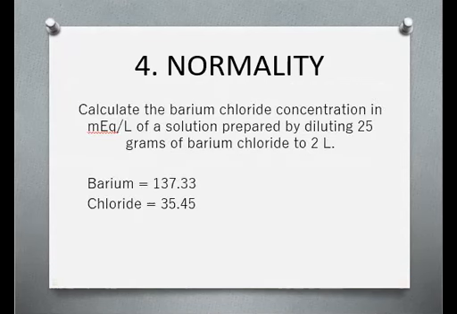Okay? Third, calculate the barium chloride concentration in milliequivalents per liter of a solution prepared by diluting 25 grams of barium chloride to 2 liters. And then given po dito yung atomic weights ng barium and chloride. Okay? So, kailangan po raw milliequivalents per liter yung makuha. And remember, anong unit nakukuha natin sa normalities?